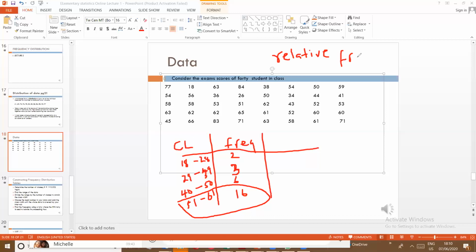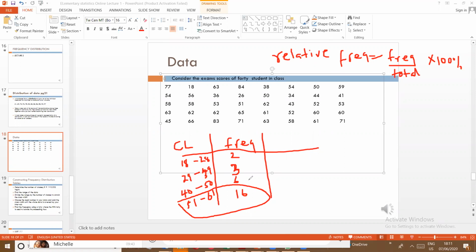And relative frequencies are obtained using the formula: the frequency of that category over the total observation. And sometimes you want to express the relative frequency in percentage. So we can multiply by 100 and then we leave it in percent. Because 100% means 100 over 100.